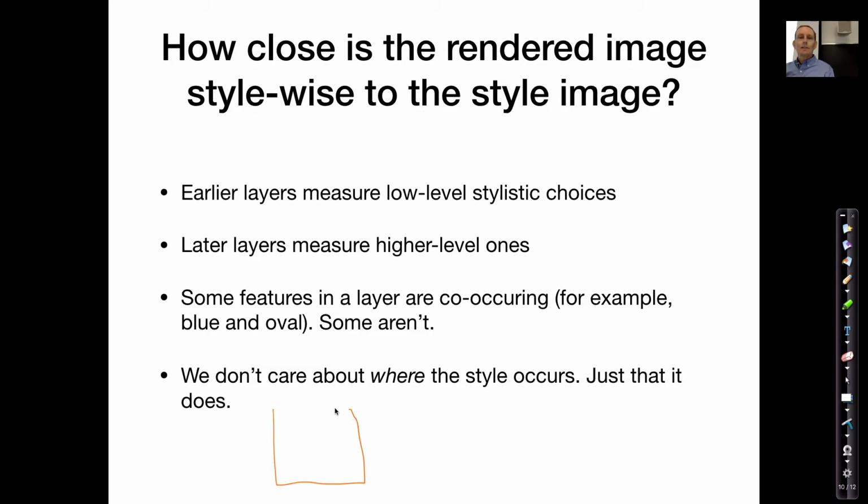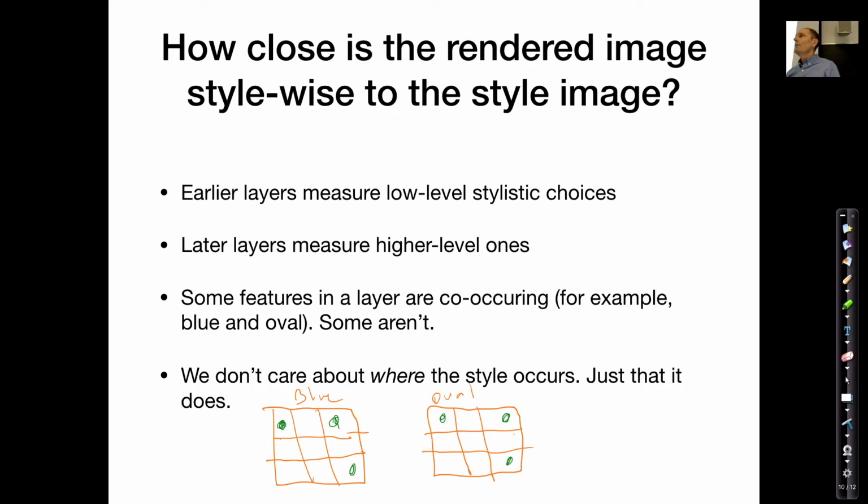So let's say this is blue and this is oval. This is a particular set of activations at a particular layer, and we just happen to have a 3x3 to make it simple. If I have some blue up here, and here, and here, and I have oval here, and here, and here, that kind of means blues and ovals go together, right?